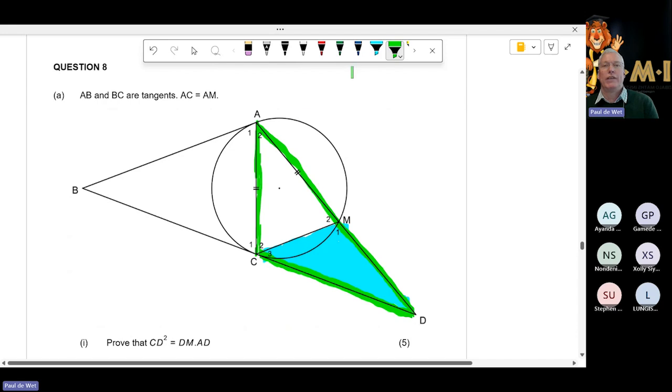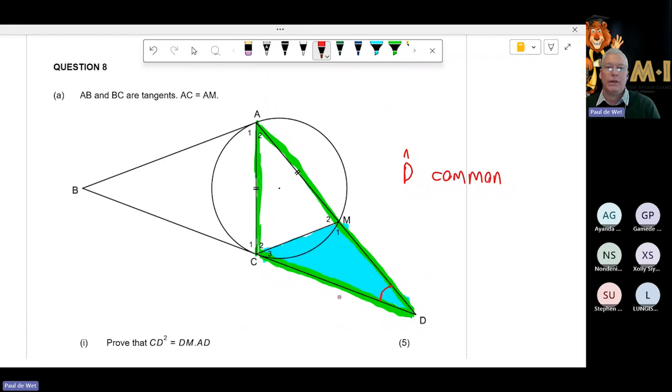Can you tell me why those triangles are similar? Anybody? Angle D, or triangle CMD, is common to both on AC. So this angle over here is in both triangles. What other angle have we got?